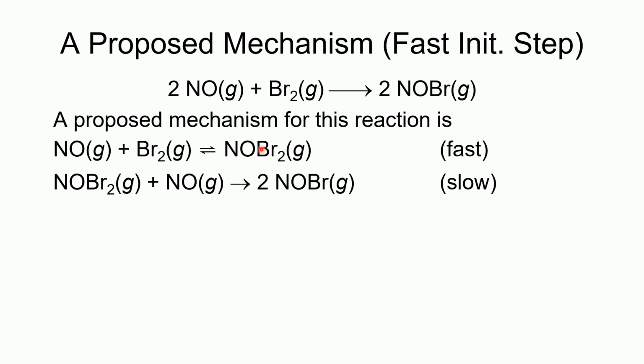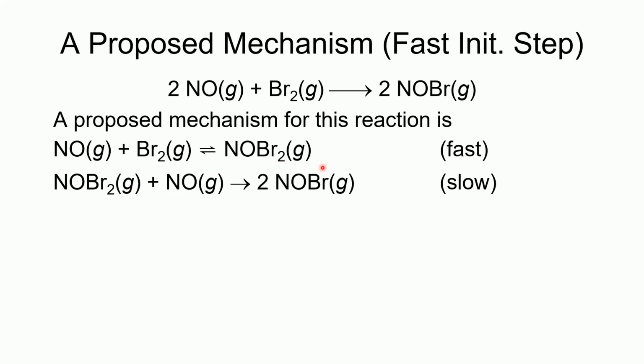Now, we need to make sure that it meets the requirements for a multi-step mechanism. One, the reactions have to add together to give us our overall reaction. If we add these together, we have NO plus Br2 plus NOBr2 on this side, and over on the other side we have NOBr2, so that cancels out.